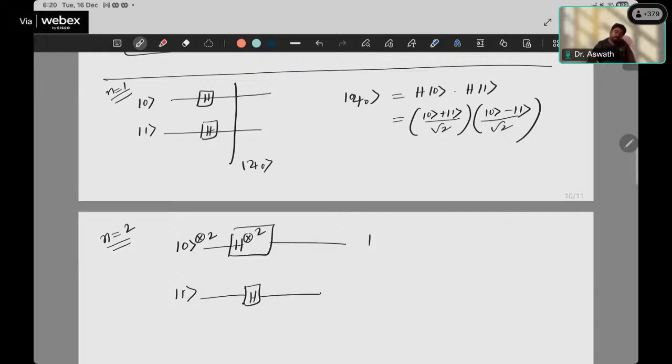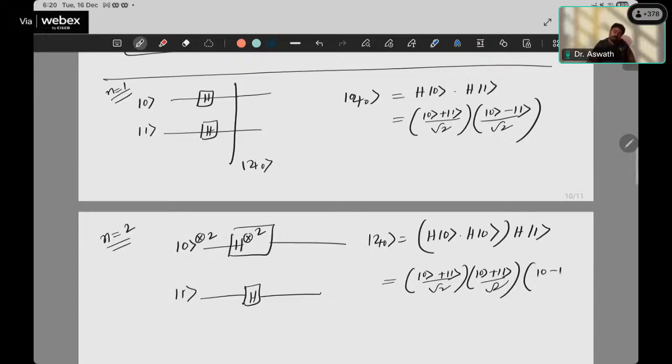So here psi naught would be Hadamard acting on 0, Hadamard acting on 0, and Hadamard acting on 1. That is 0 plus 1 divided by square root of 2, 0 plus 1 divided by square root of 2, 0 minus 1 divided by square root of 2.